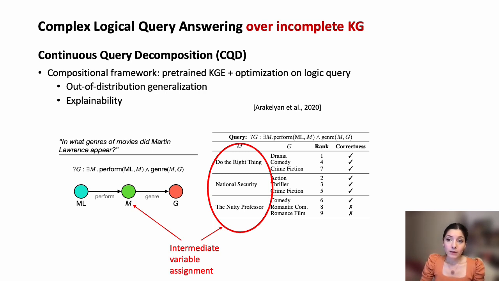So it is trained on simple queries, and this gives the capability of out-of-distribution generalization on complex queries. Moreover, it provides explainability for the answer to the complex query by digging the intermediate answers to the subqueries composing the complex query.